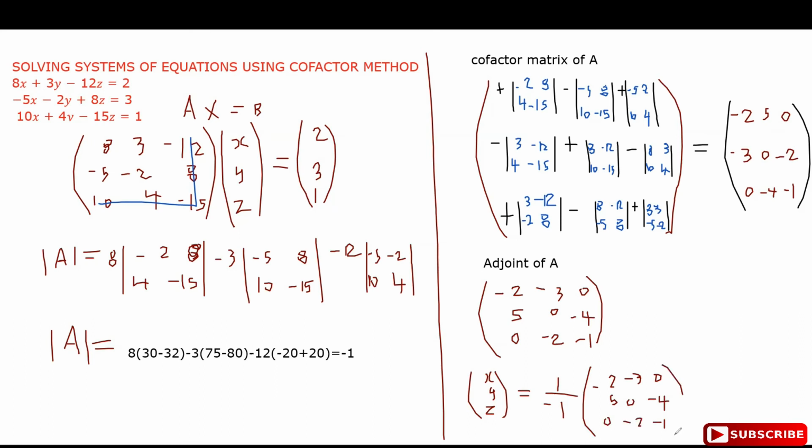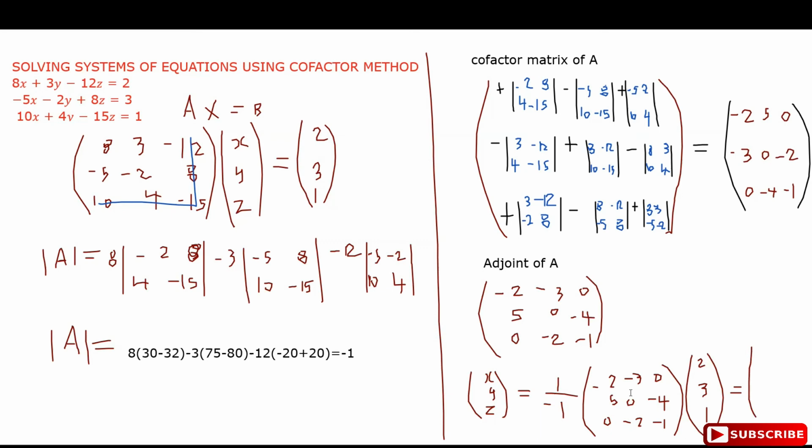That's what we get now, and we multiply it by the result matrix of 2, 3, 1. So when we multiply them across, that will give us X, Y, Z. Multiplying them across, we go row by column.